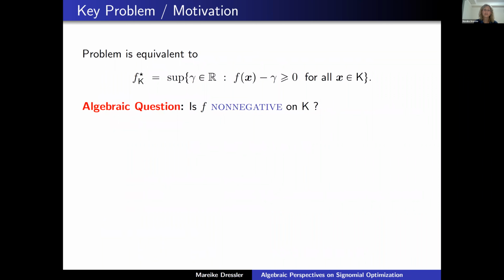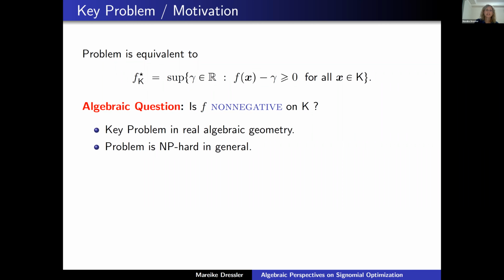So what I'm really going to focus on is more the algebraic question behind this problem, namely, if a function, in this case a signomial, is non-negative on a certain set K, or if I don't have any constraints, if this signomial is globally non-negative.